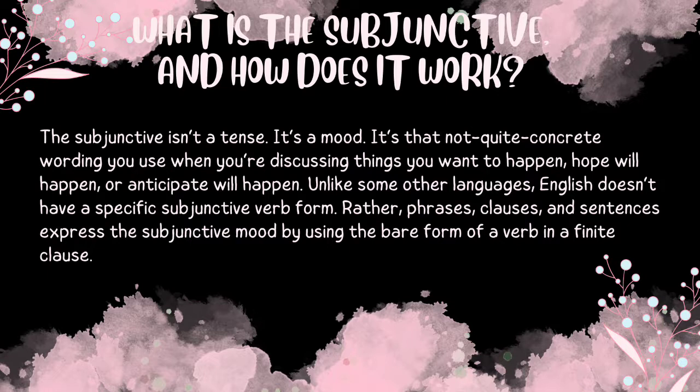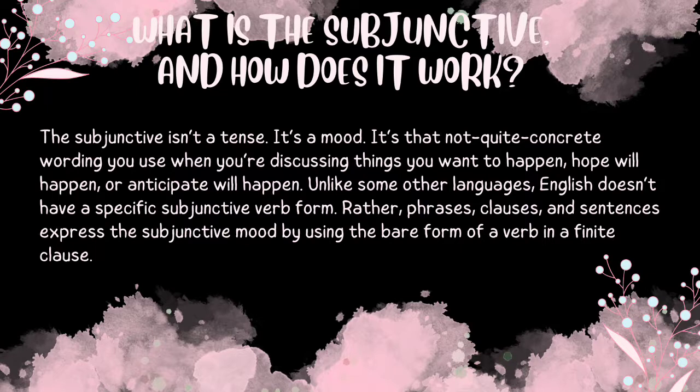So now, what is the subjunctive and how does it work? The subjunctive is not a tense, it is a mood. It's the not-quite-concrete wording you use when you are discussing things you want to happen, hope will happen, or anticipate will happen.